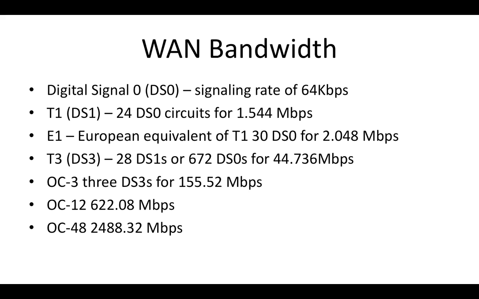So the different types of communication we have, like a T1 or a T3, those are based off of multiple DS0 circuits. And so that's how we end up getting the 1.544 megs, or in the case of a T3, 44 megs. If your business has lots of money, you're probably running an OC3 or an OC12, something like that. But basically it's just a measurement of bandwidth.